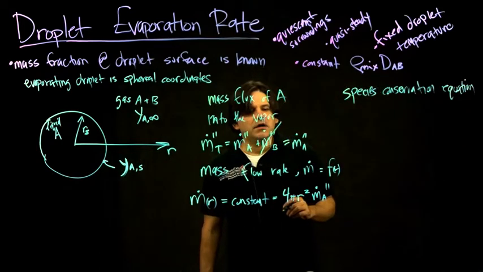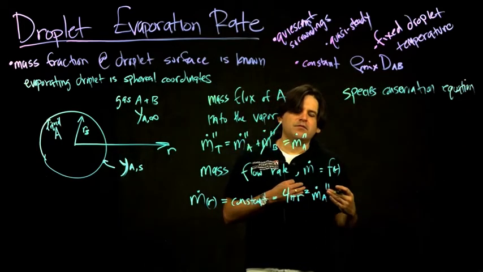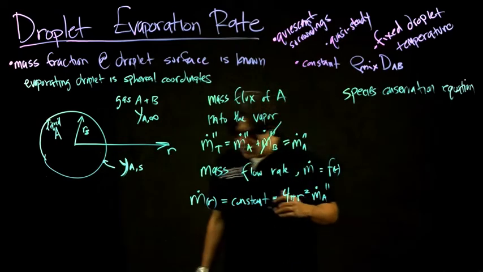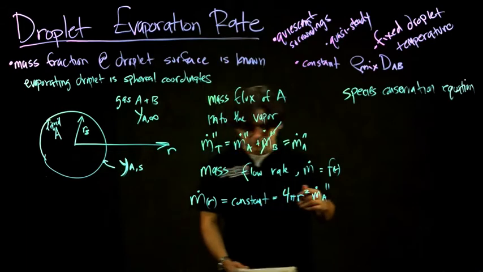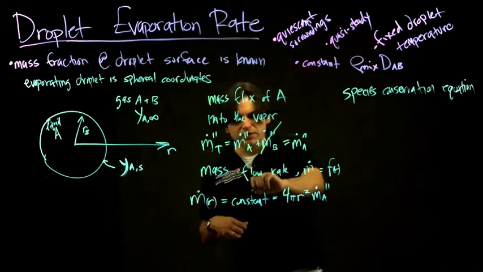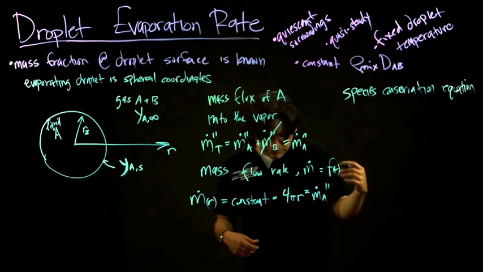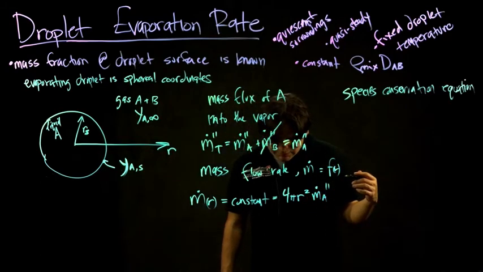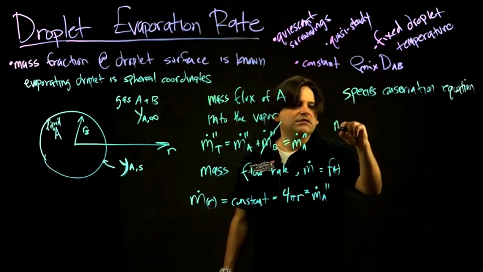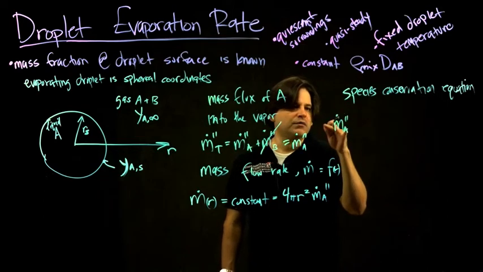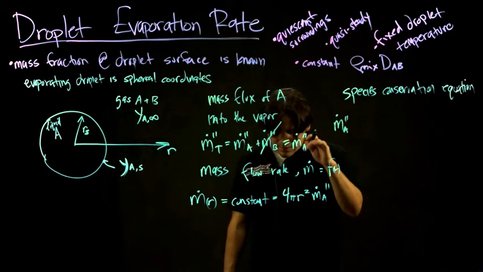Which is tracking convective motion and diffusive motion across a volume. And for the assumptions we made, plus quiescent surroundings and so forth, you would be able to express this as the mass flux of A. There's no source term due to reactions, that's not here.